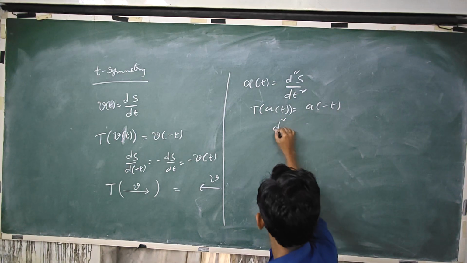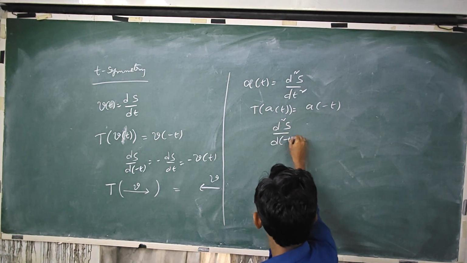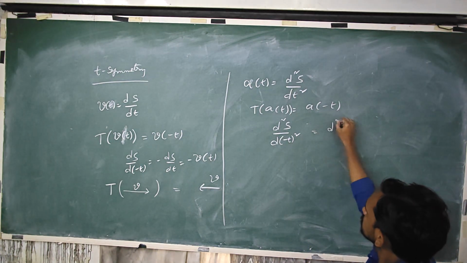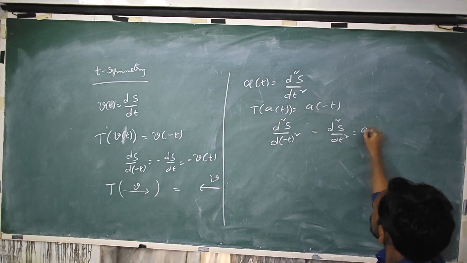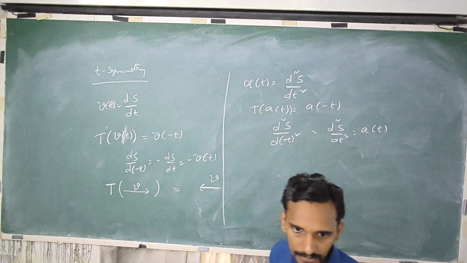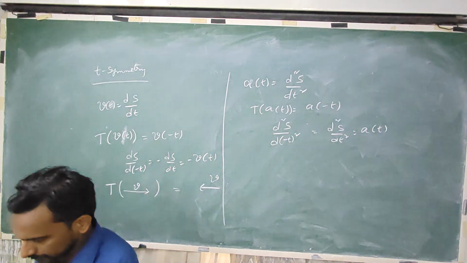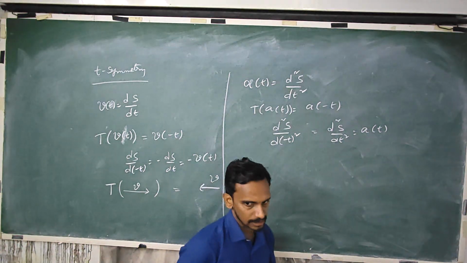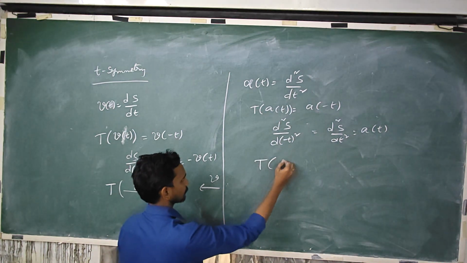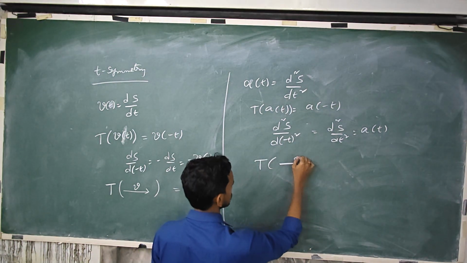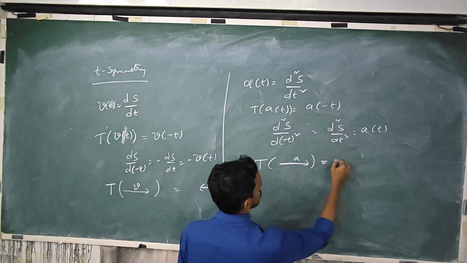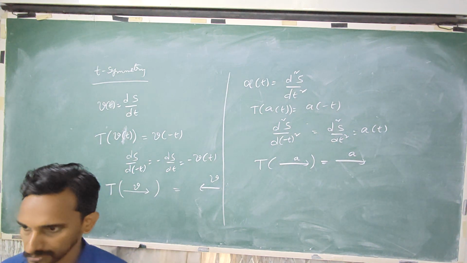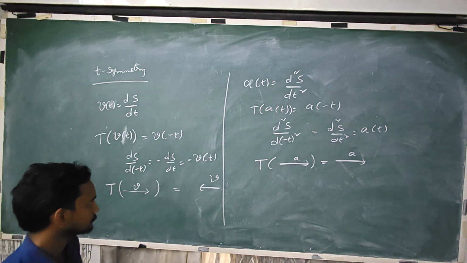So it is d square s by d of minus t square, which is d square s by dt square. So acceleration will not change sign upon time reversal. If acceleration is in this direction, it remains the same.